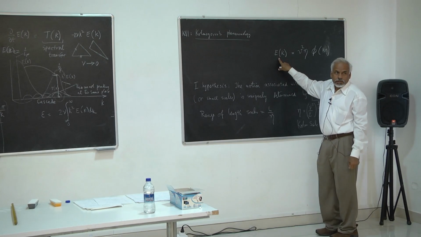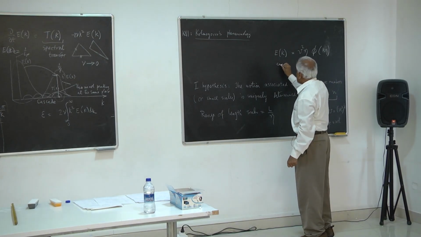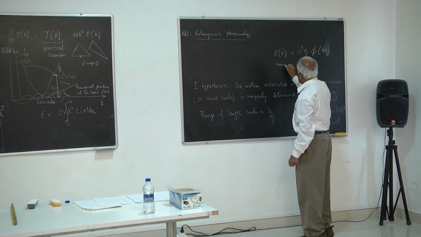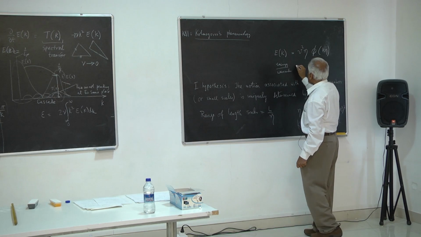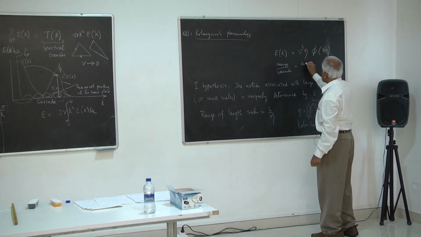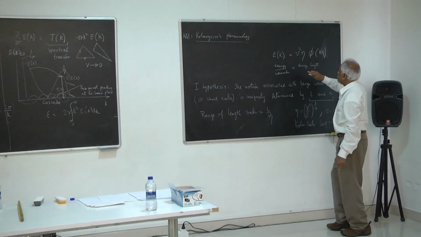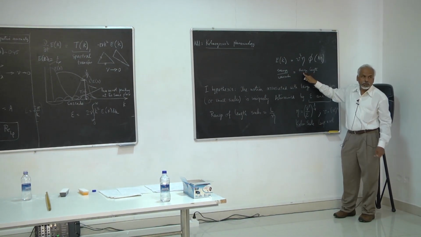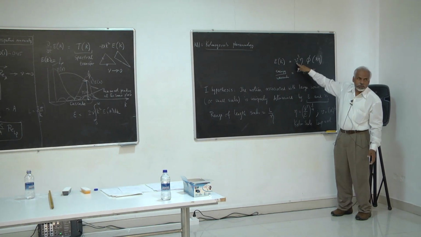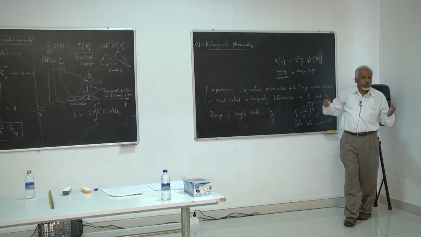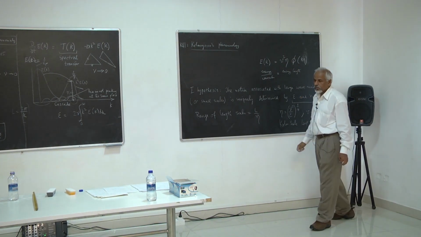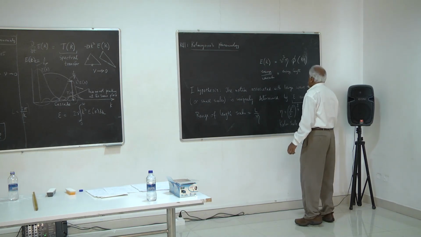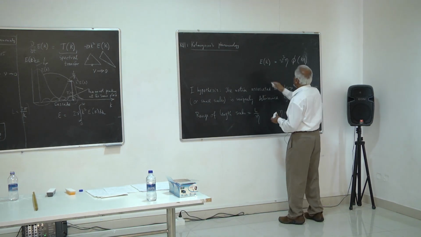And what are the dimensions of E? It's energy per wave number, that is equal to energy times a length. And the only energy, you have kinetic energy, you can express it only in terms of v squared, because that's the only thing you can think of here. And this length scale is eta. So that's the form in which you can write it. And that's a very important thing.